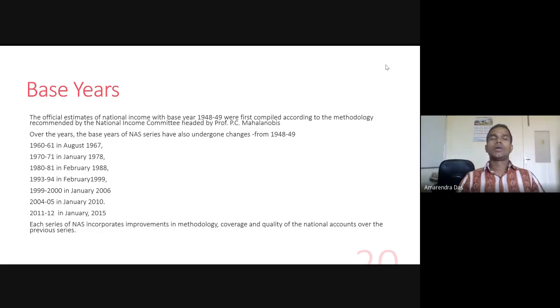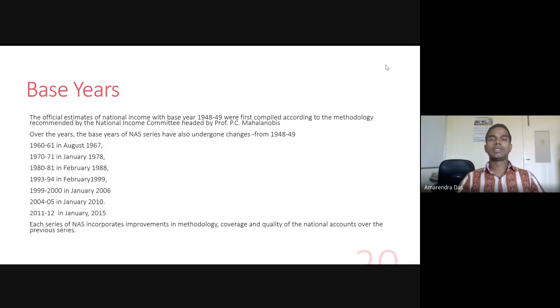But from then onwards, we have changed the base year from time to time, moving from 1948-49 to 1960-61, then 70-71, 80-81. Initially we maintained almost a 10 year interval, and then we changed it to 93-94, then 99-2000, and 2011-12.